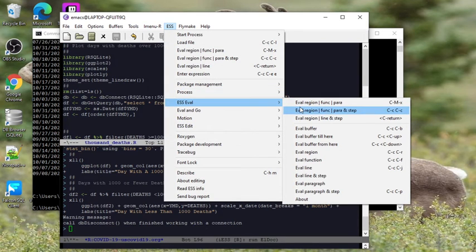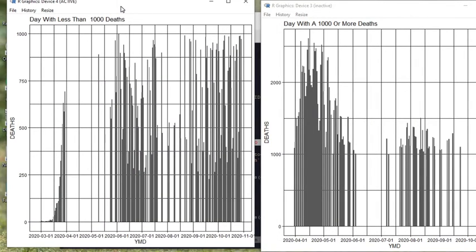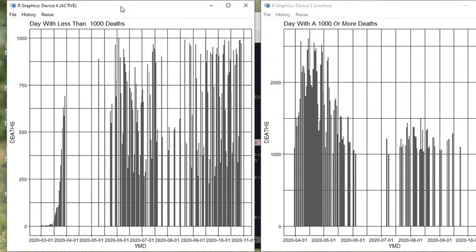I think we should see quite an interesting difference. So here are the two plots. We've already looked at this before. We know that all these gaps are days when there were less than 1,000 deaths per day.